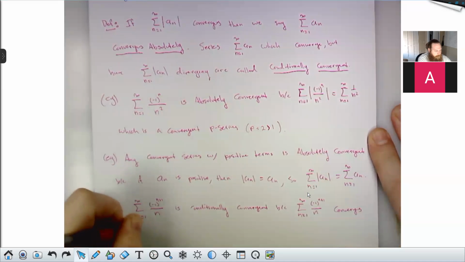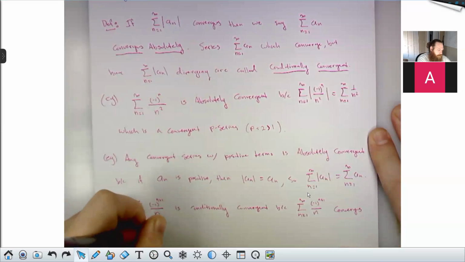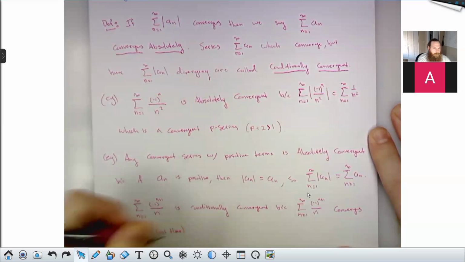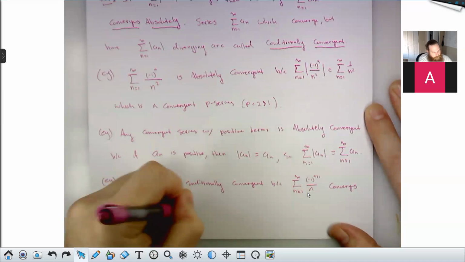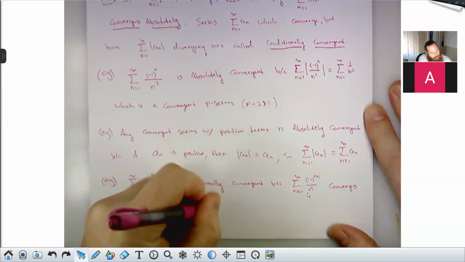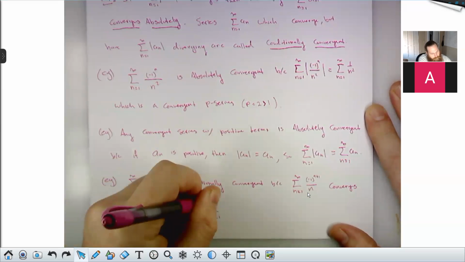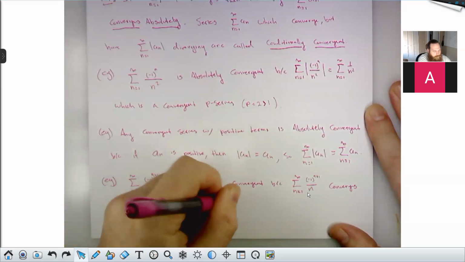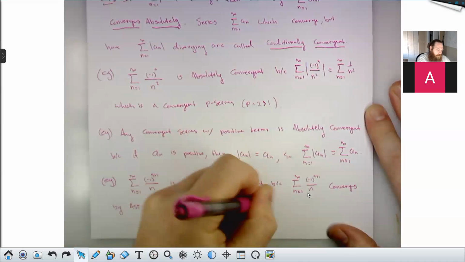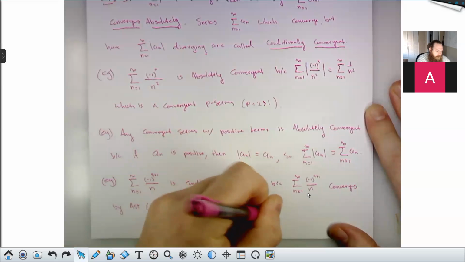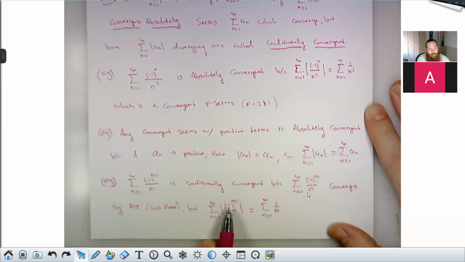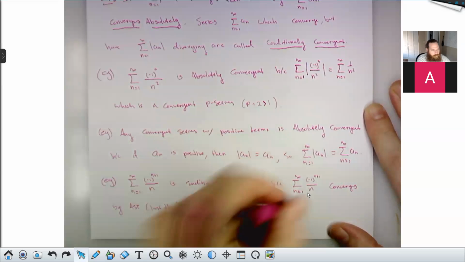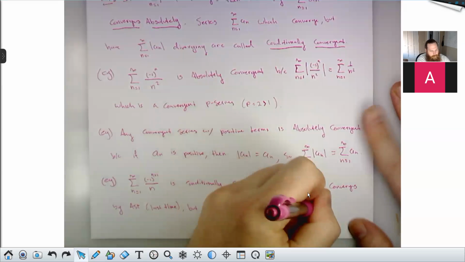We did this last time. But if you take absolute values inside, then you get a p-series with p equal to 1. Because the absolute value of -1 to the n plus 1, that's just 1. And the absolute value of n is just n. This is a divergent series.